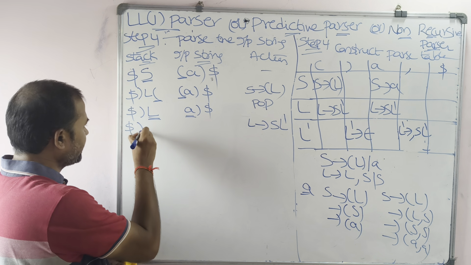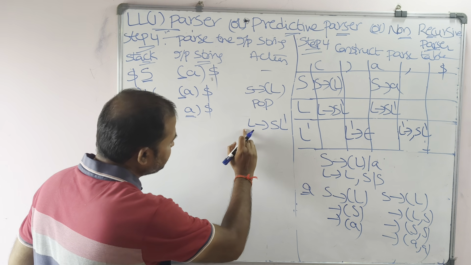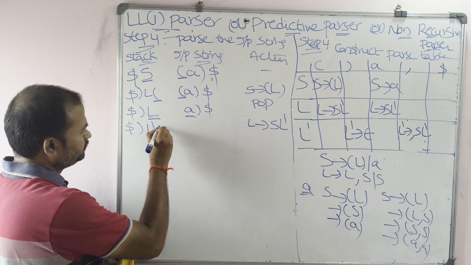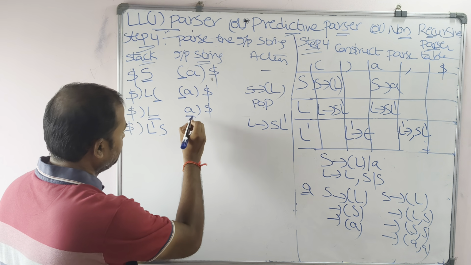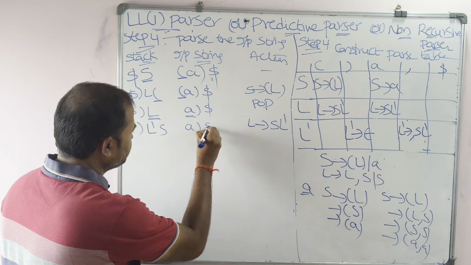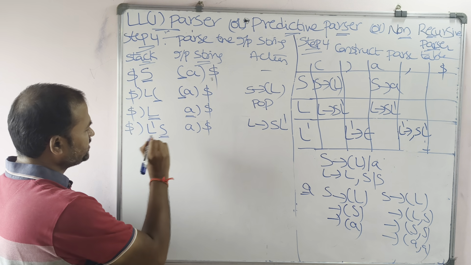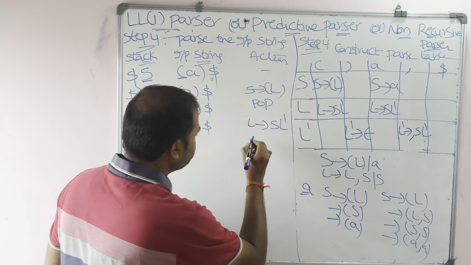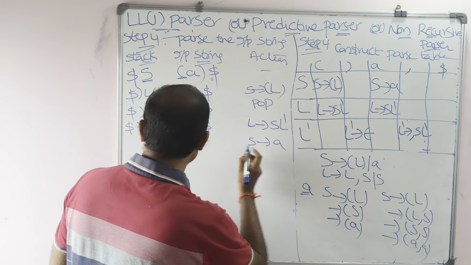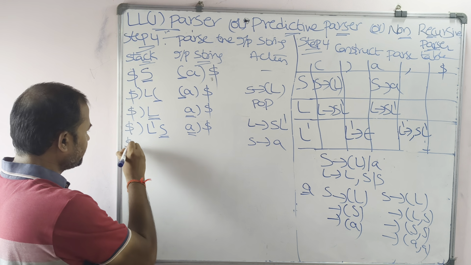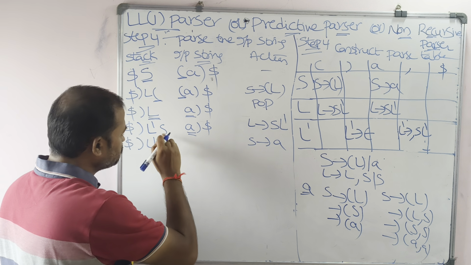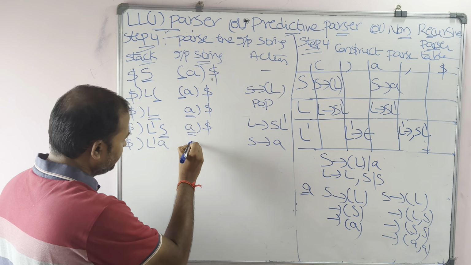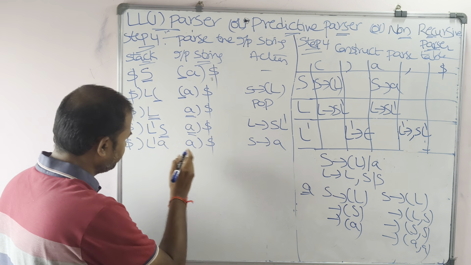So replace this L with the reverse of this one, so L dash S. Next, the top of the stack is S, and the input symbol is A. So the action is S produces A. So replace this S by the right hand side A. Next, A right parenthesis dollar.